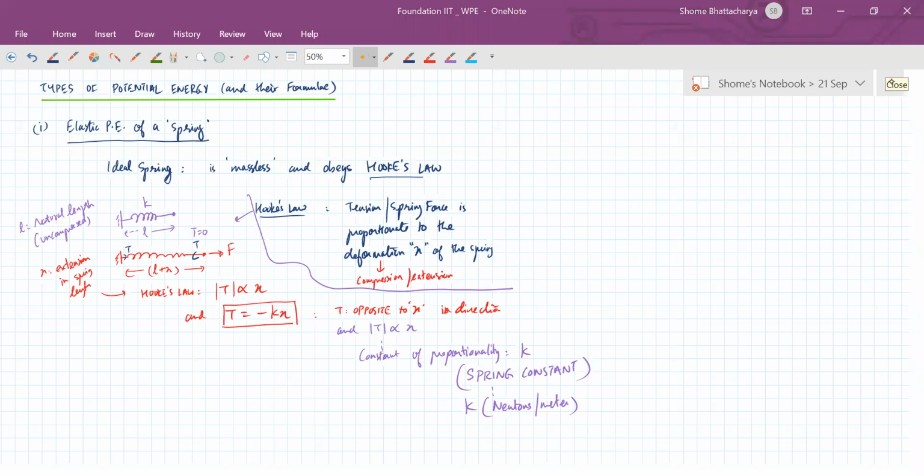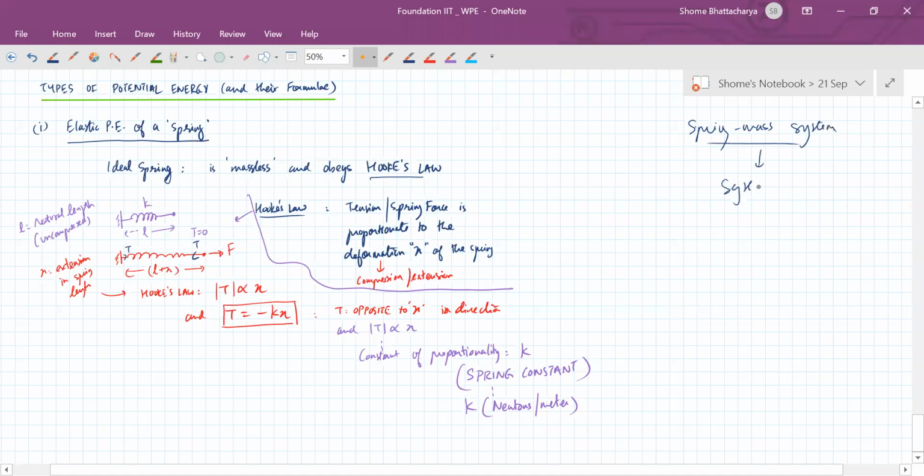Spring mass system means when we attach a mass to a spring. A spring mass system is basically a system that consists of a spring or multiple springs attached to a body or bodies having mass.